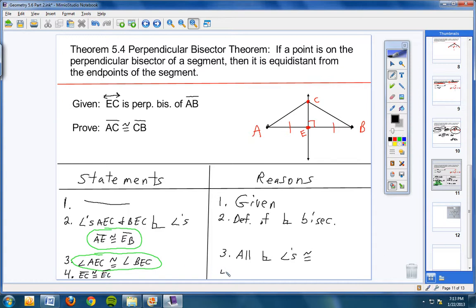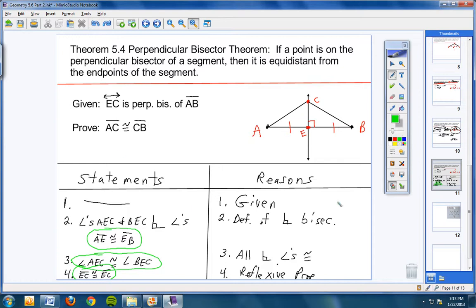Remember the reason for that? It's called the reflexive property. And now you've stated the 3 things you needed to state. There they are. So now you're ready to state that this triangle here is congruent to this triangle here by what reason? Remember? Side angle side.